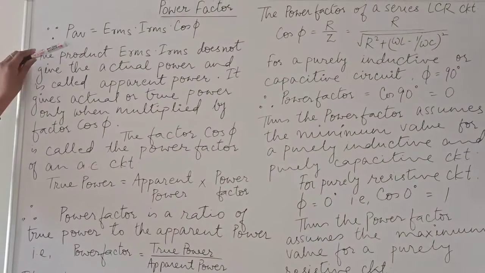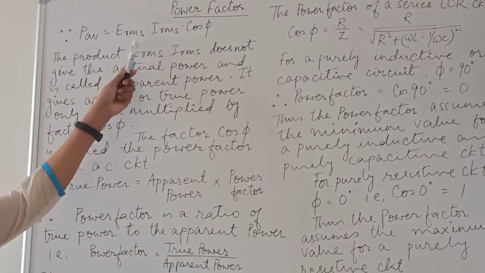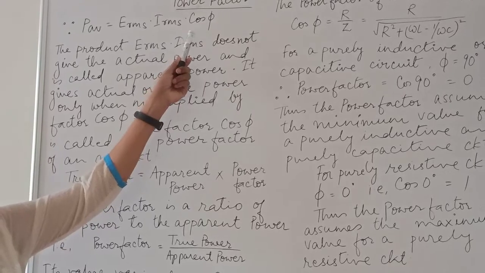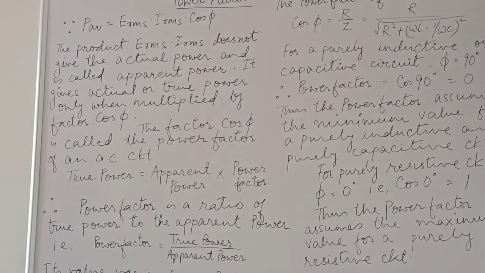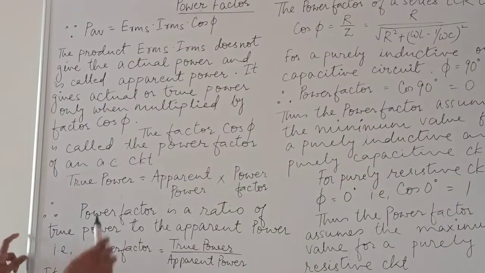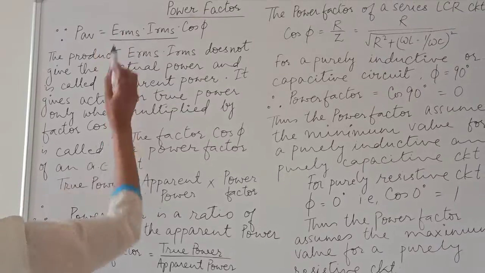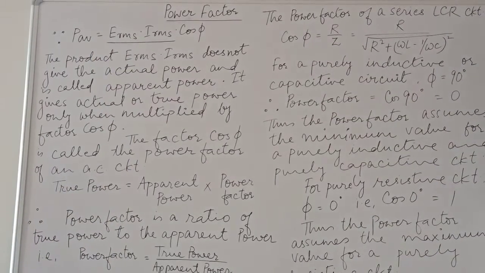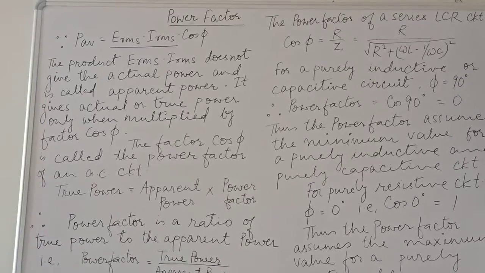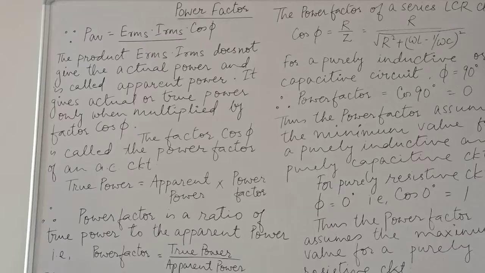Power factor. Since P average is equal to E RMS into I RMS into cos φ, the product of E RMS and I RMS does not give the actual power and is called apparent power.